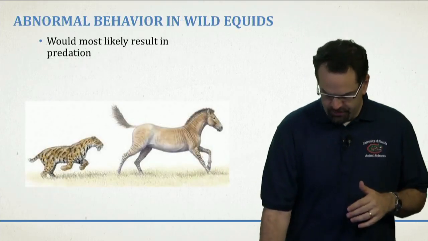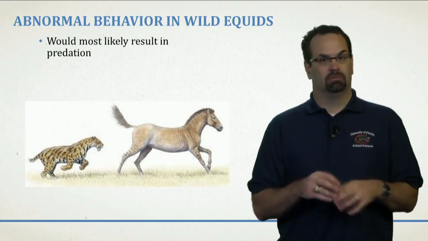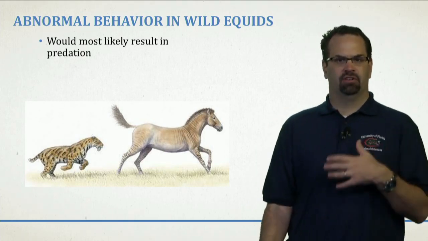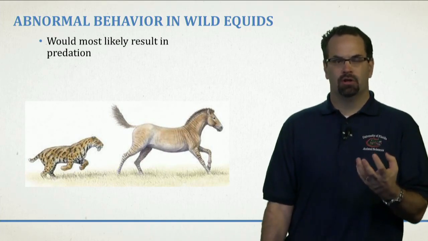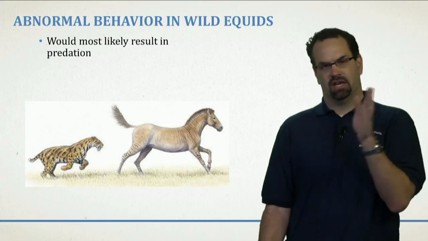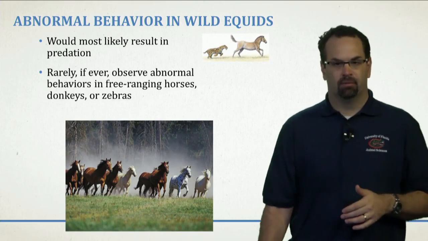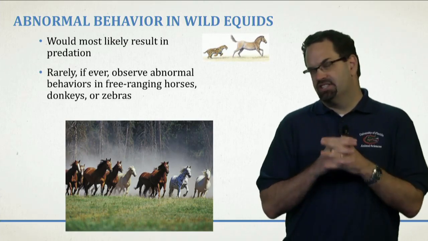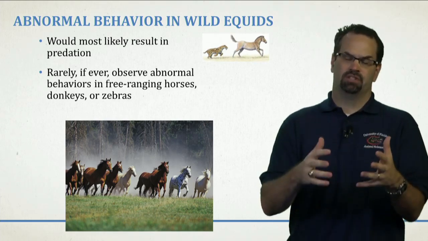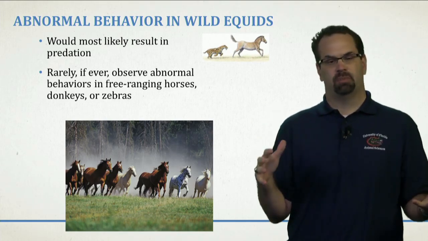Now, do we see abnormal behavior in wild equids? In nature, most often not, because it would result in predation. If they're abnormal from the herd, that's what predators are looking for. They're looking for abnormalities, and those are the animals they try to pick off, as nature runs its course. So we don't really see these in exotics or free-ranging horses, so horses that are released in the wild or kept on large pastures.